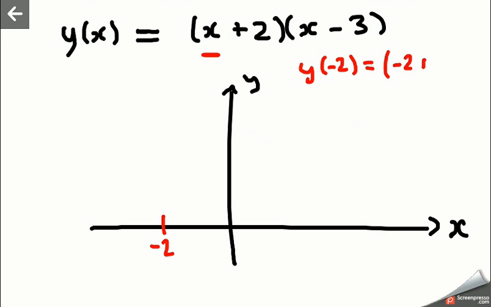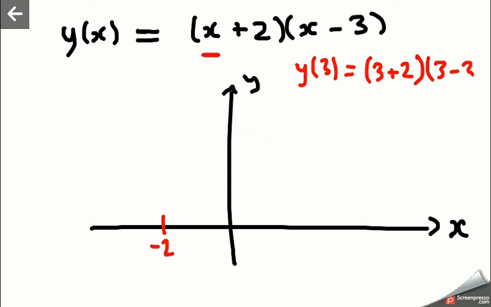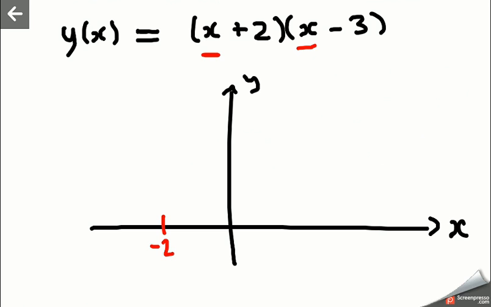Similarly, if we take y of 3, we're going to have (3 plus 2) times (3 minus 3). And that is, of course, 5 times 0, which is again 0 for exactly the same reason. So we can look at these two brackets and determine that x equals negative 2 and x equals 3.